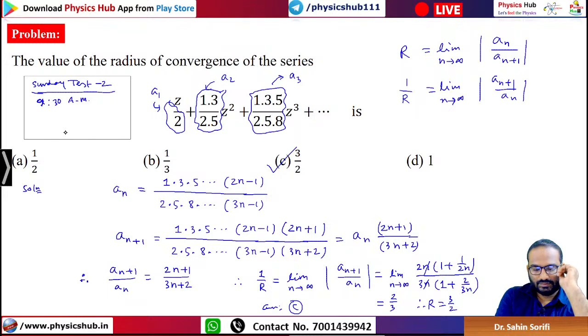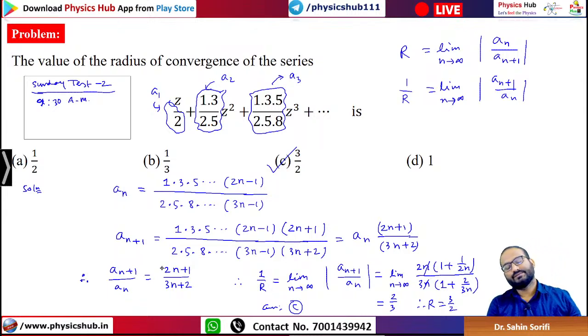Please explain 2n plus 1 in division. Yeah, this is 2n plus 1. So if you take 2n common, what do you get? 1 plus 1 by 2n. And from the denominator, if you take 3n common, 1 plus 2 by 3n. Why do we do this? Because we have to put the limit n tends to infinity.